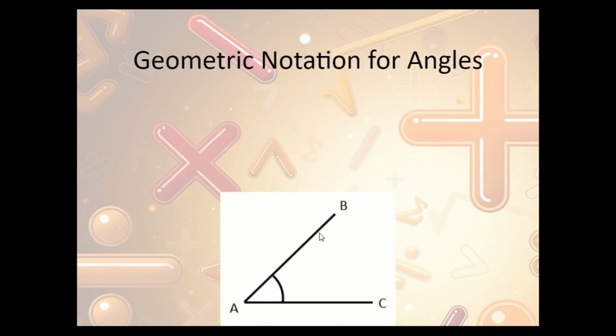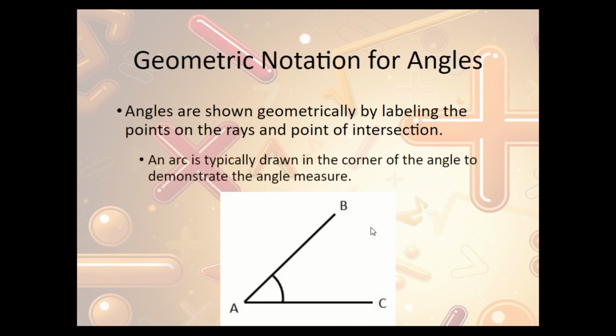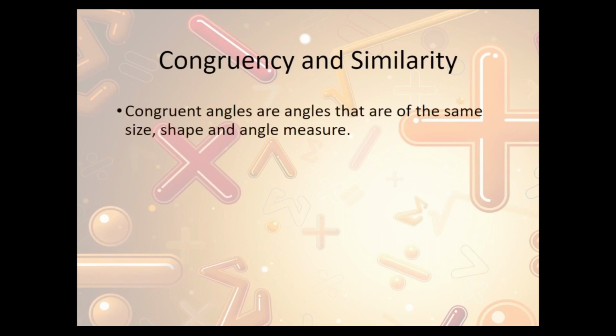Geometric notation for angles. Angles are shown by labeling the points on the rays and the point of intersection. So an arc is typically drawn in the middle to represent the angle measure. Congruency and similarity. Congruent angles are angles that are of the same size, shape, and angle measure. Congruent angles are written as angle ABC is congruent to angle DEF.